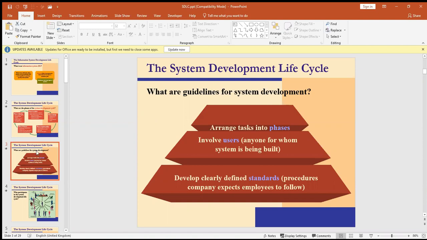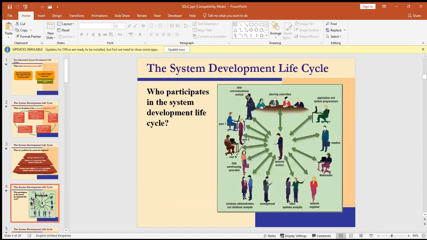So the next slide shows us the different people or the different parties that are always involved in the information system development life cycle, such as, when you look at that screen, the steering committee that acts as the driving force behind information systems development, okay.